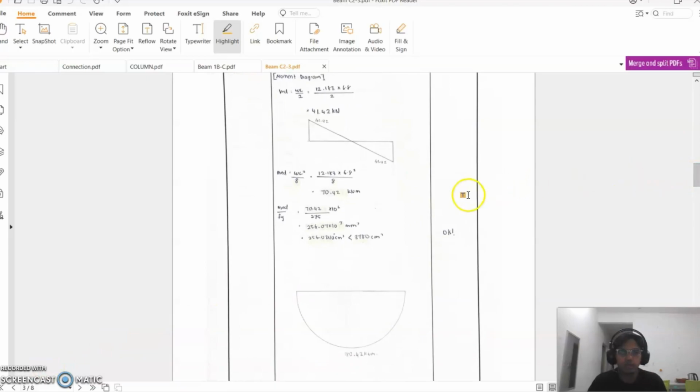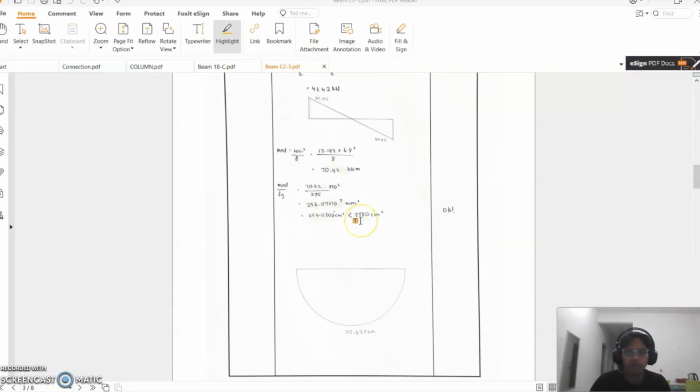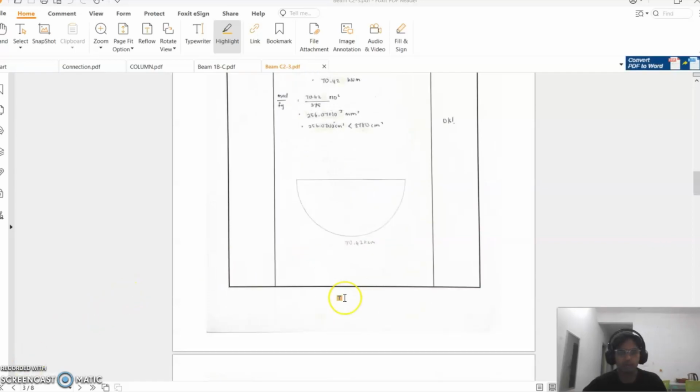For the moment diagram, MED, I got value is 70.42, and MED divided by Fy is 256.07, which is smaller than 3780, which is okay for the design.